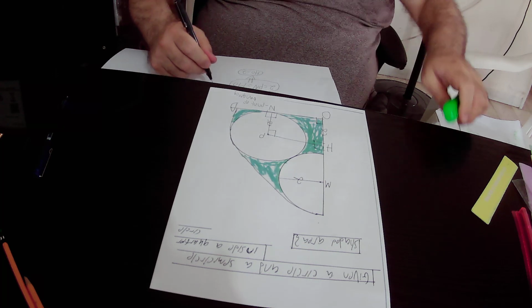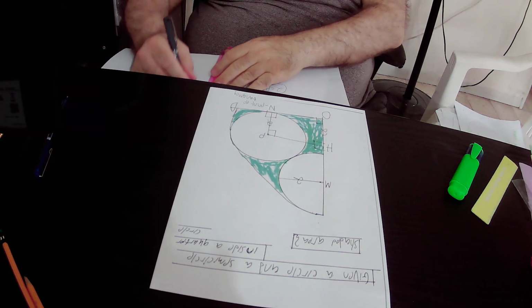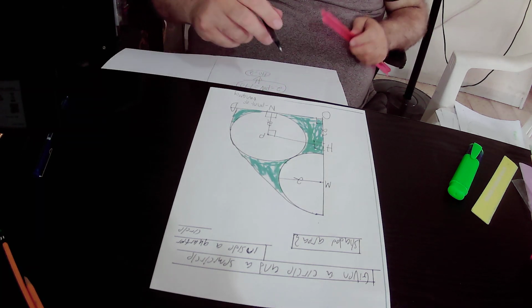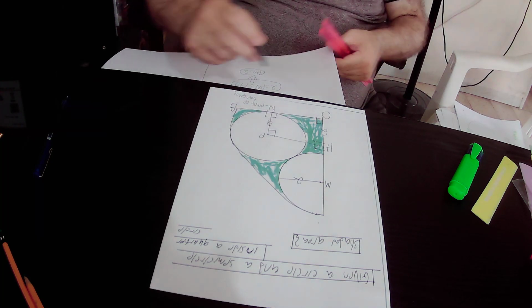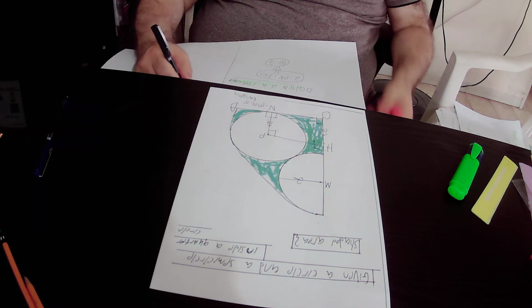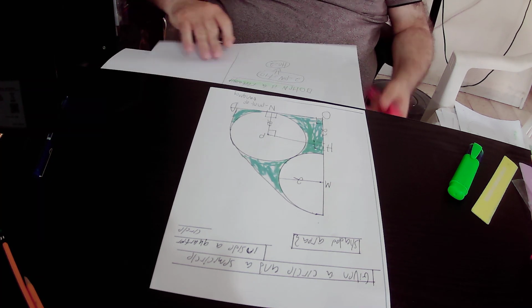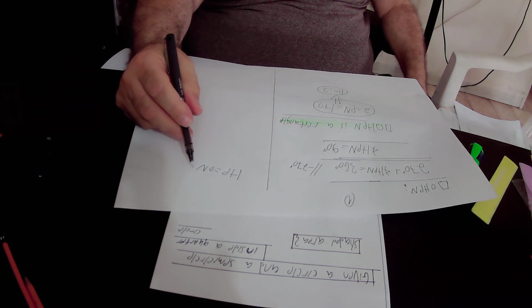Likewise, according to the same rule that the opposite sides of a rectangle are equal to each other, we get that in rectangle HOPN, side HP must be equal to side ON. HP equals ON according to the rule that the opposite sides of a rectangle are equal.